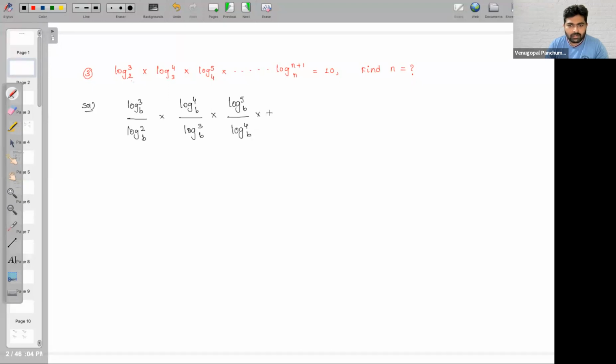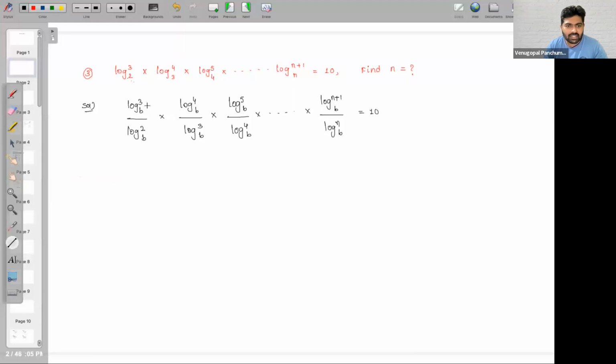Like that, into log of n plus 1 base b divided by log n base b, which is equal to 10, which they have already given.